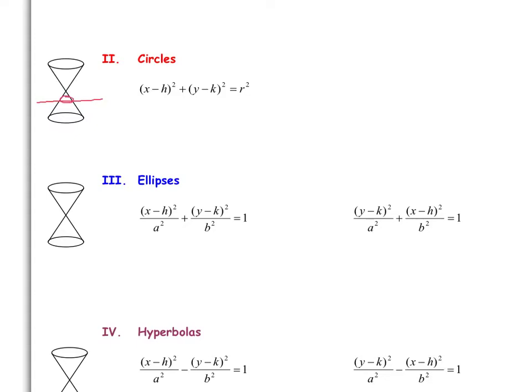This equation is based on the center of the circle being at h comma k, and when you have r squared on the end, if you take the square root of that, that's going to equal your r value, and r stands for the radius of the circle.